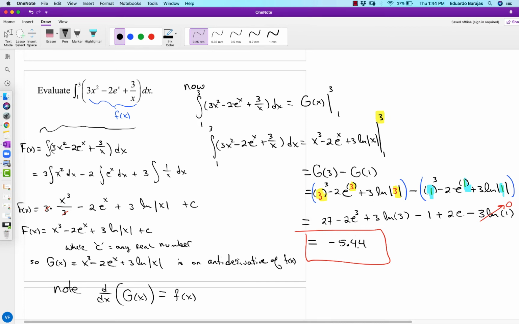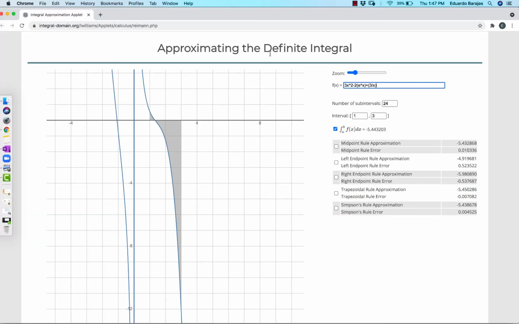Okay, so now let's use technology to confirm this. Okay, so back to this online graphing tool. I type in my equation into here, and then I want to go from 1 to 3. That was the interval of interest. And then it graphs it. We can confirm that that gray region there is the one we're interested in.